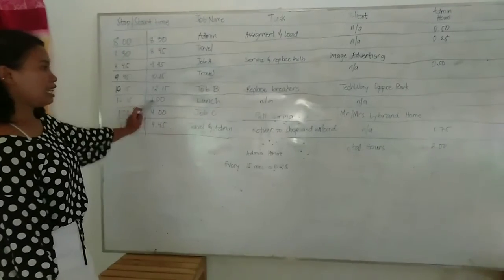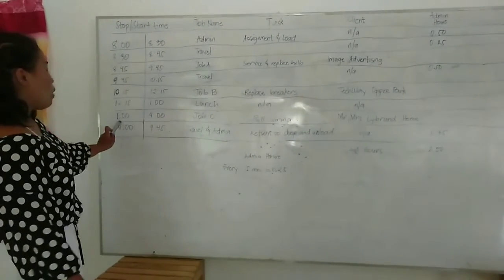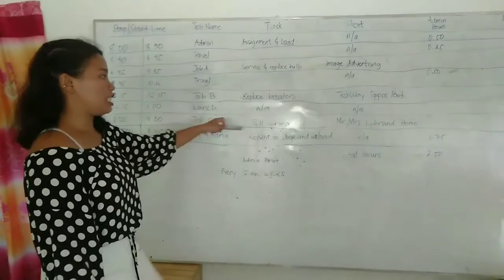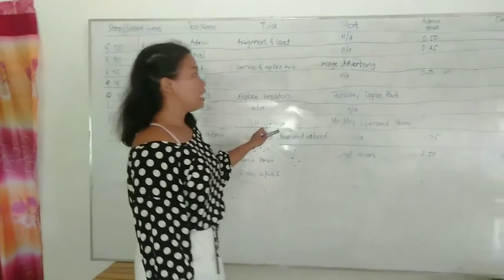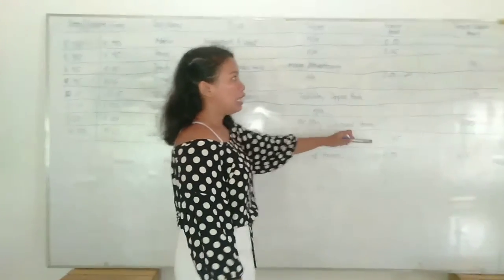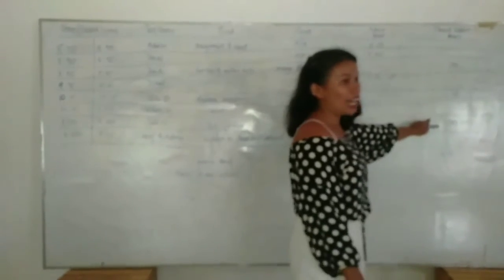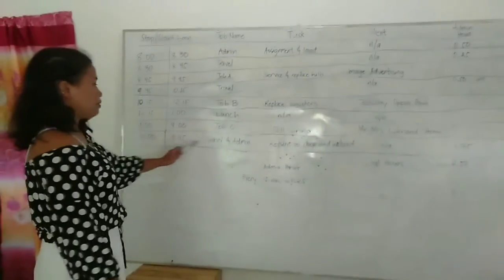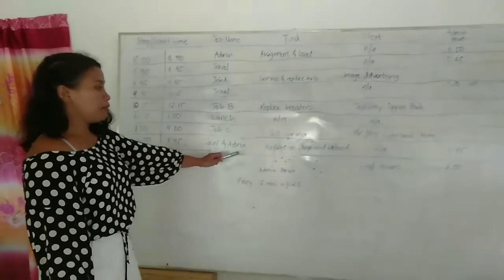From 12:15 to 1 is lunch. From 1 to 4, job C, which is wall wiring. Client, Mr. and Mrs. Livebrand Home. Direct labor hours, 3 hours. From 4 to 4:45, travel and admin.